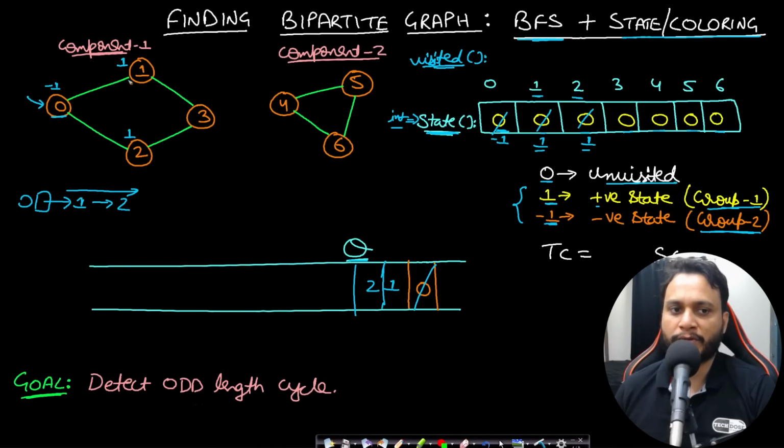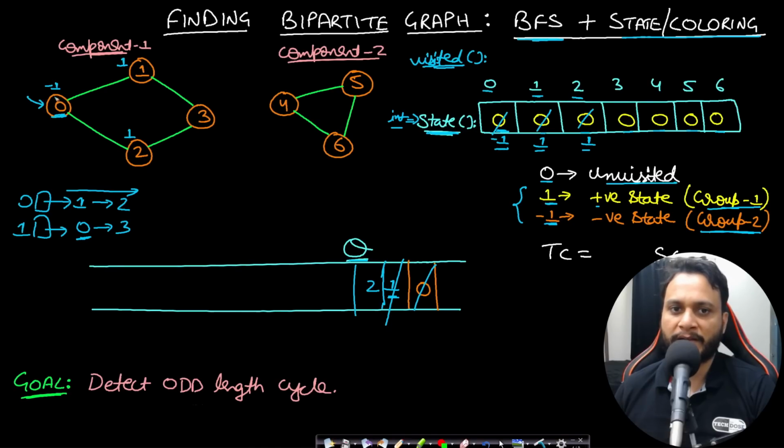After this, what I should do is, I will be taking out the next node 1. Okay, 1 has been taken out. So for 1, I will be checking the adjacency list. So the adjacency list of 1 will be having 0 and 3. Then I will check, is 0 marked or not marked? Yes, it is marked already, and it is having a value -1.